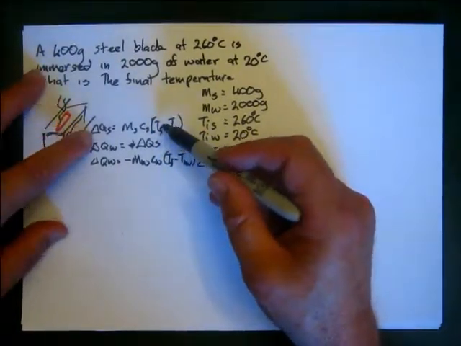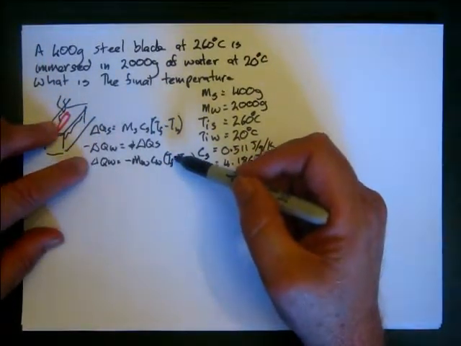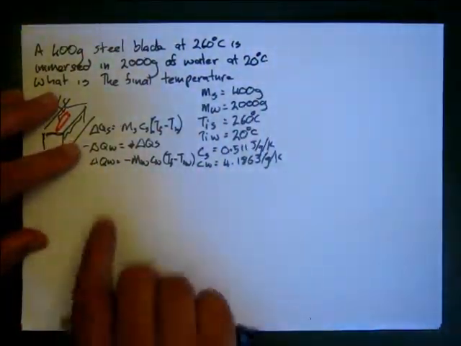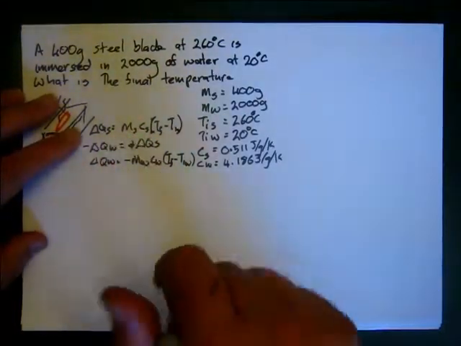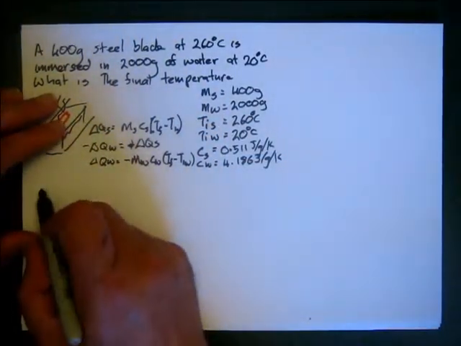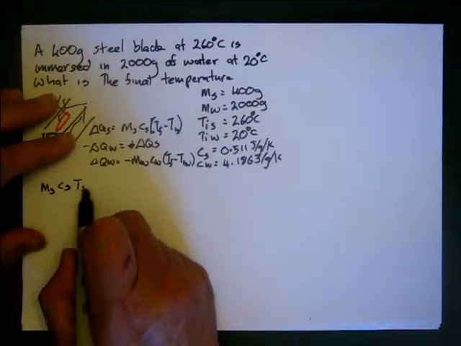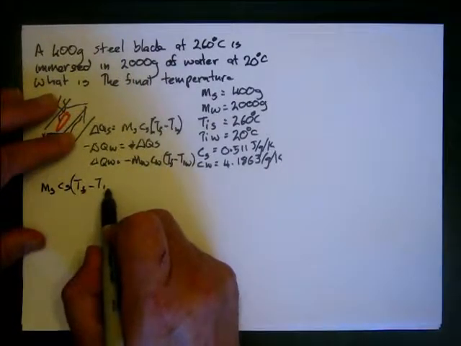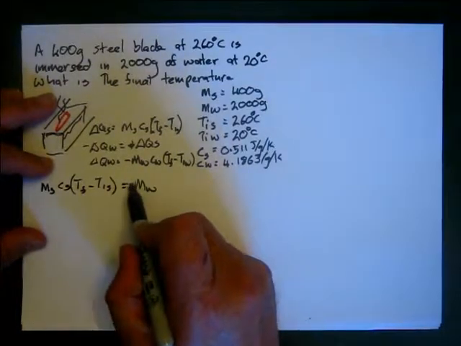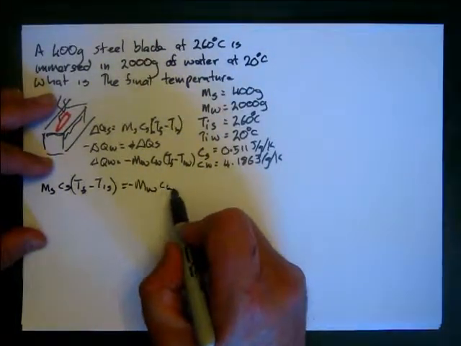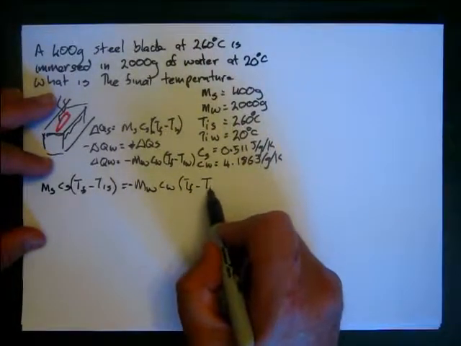The temperature final for the steel is the same as the temperature final for the water. So because this is equal to the negative of that, we can write: mass steel, C steel, temperature final minus temperature initial of the steel is equal to negative the mass of the water, C water, temperature final minus the initial temperature of the water.